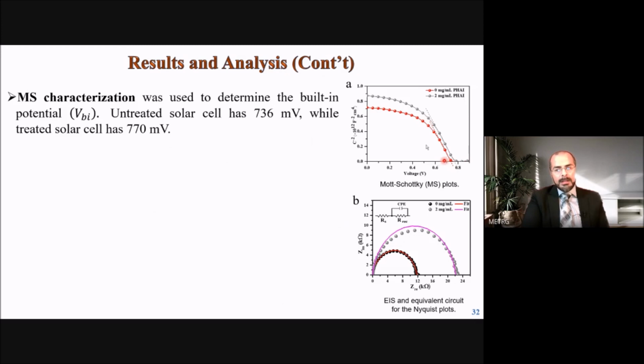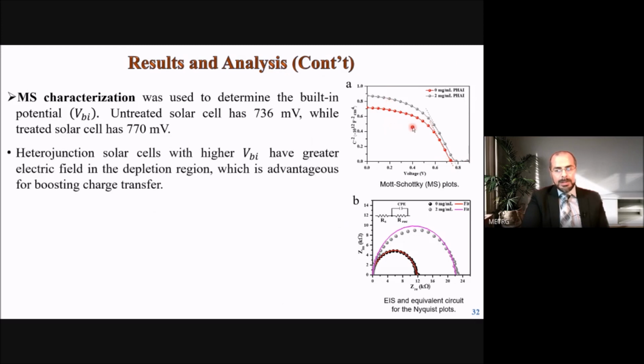Another measurement, which is very important in solar cells, we call it the Mott-Schottky plot, which basically measures the built-in potential. Cells with a higher built-in potential, VBI, have very good charge transfer.